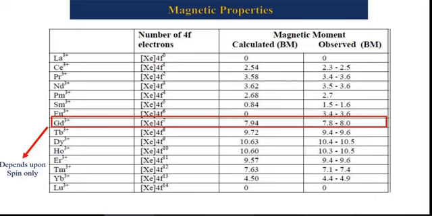For example, cerium: calculated is 2.54, and the experimental value is 2.3 to 2.5. So you can say that it's nearby. But there are species which show deviations from the calculated value as well. For example, europium +3. See here, the calculated value will be 0, whereas the observed is 3.4 to 3.6.